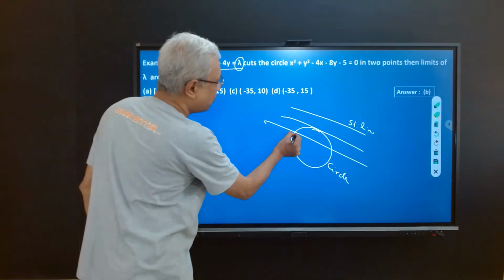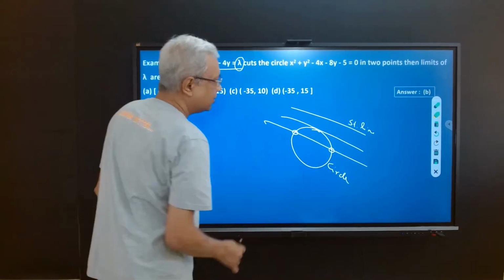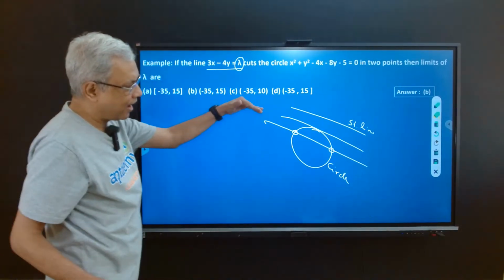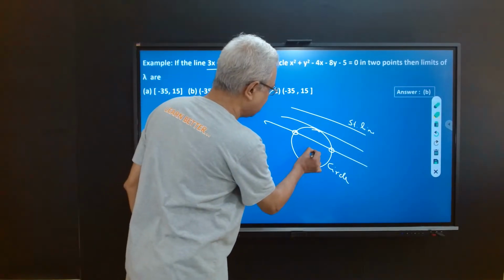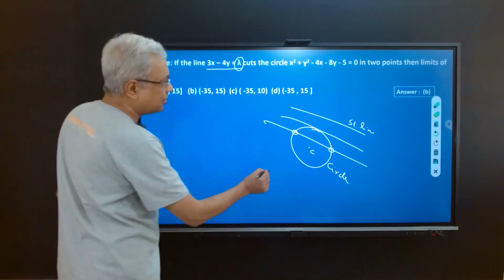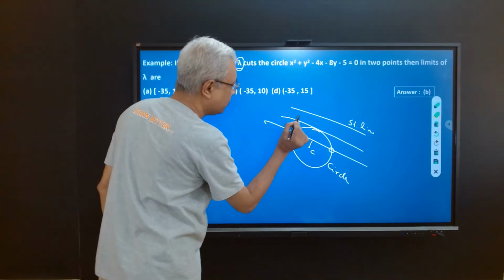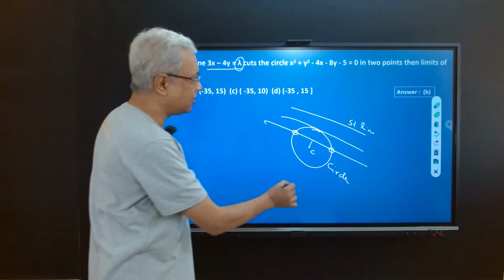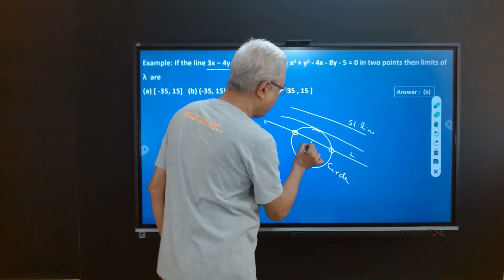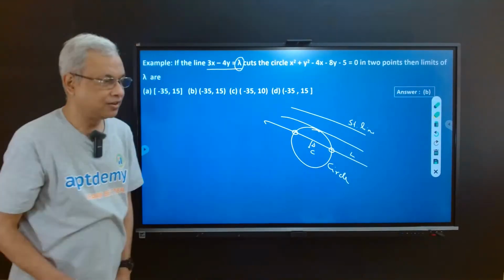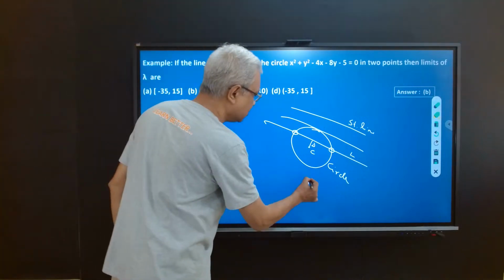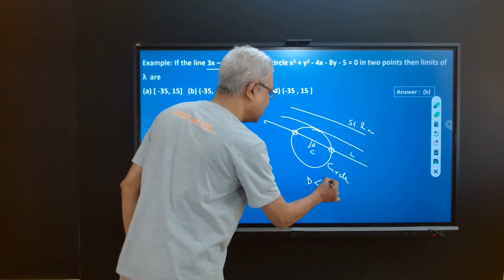Now see, when a line cuts a circle, if this is the center of the circle and I drop a perpendicular from the center on this line, and call this distance d, then d is definitely less than the radius of the circle.